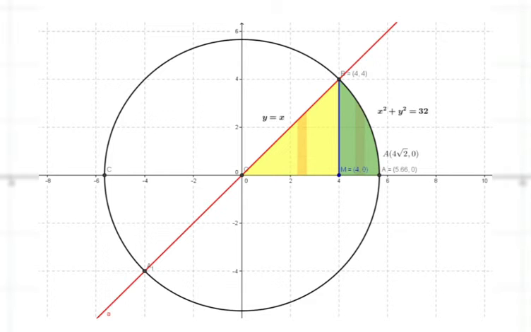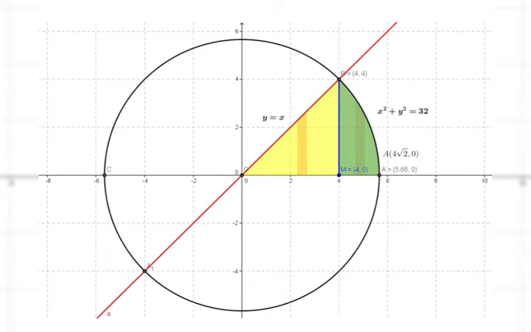But since point B is also a point on the line, the x coordinate and the y coordinate are equal. Therefore, in the equation x squared plus y squared, you can say that x and y are equal.